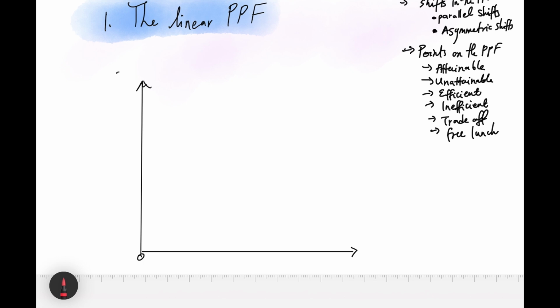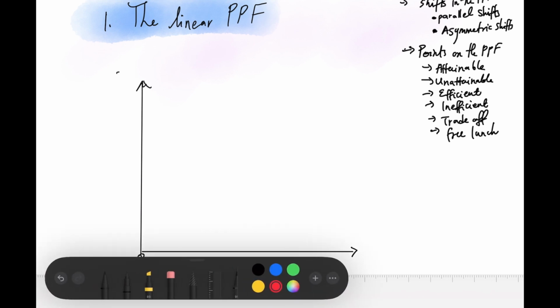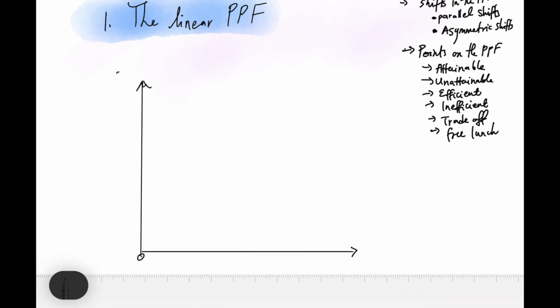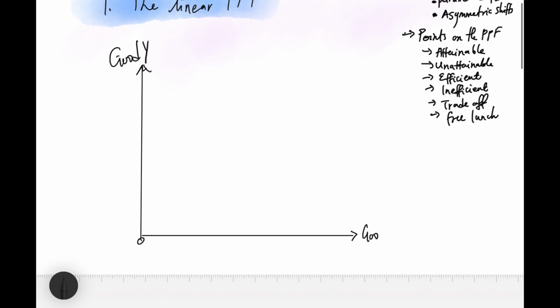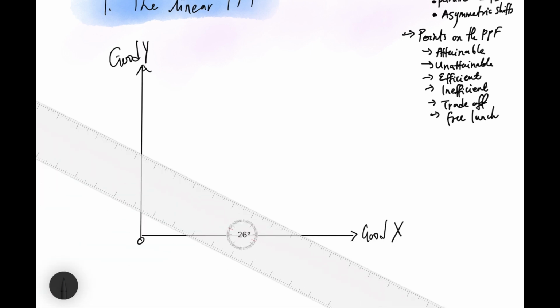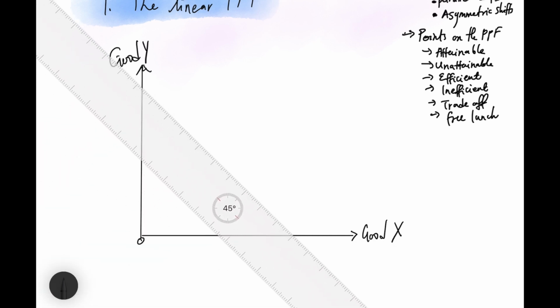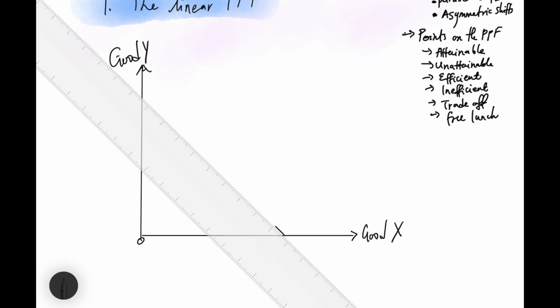With the linear PPF, let's start with some goods. I'm going to keep it simple. How about I just do good X and good Y? So we have good Y on the Y axis and good X on the X axis. The linear PPF, I'm going to use my ruler here and just draw a linear line, right?